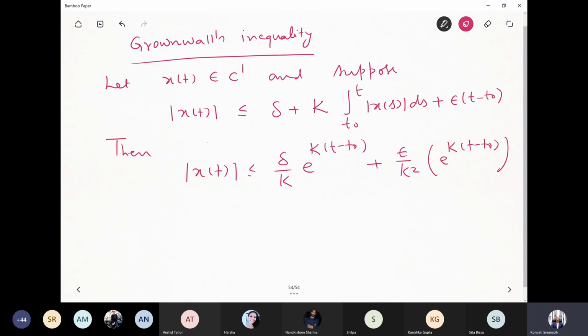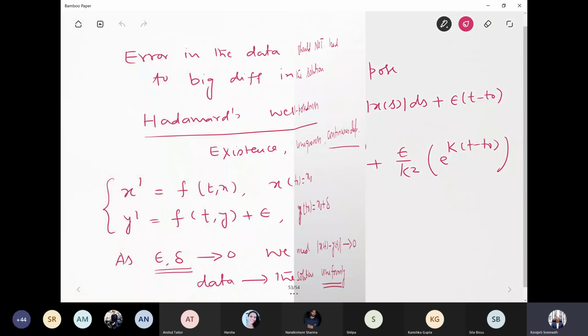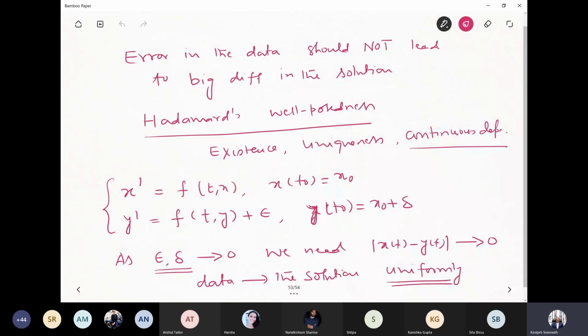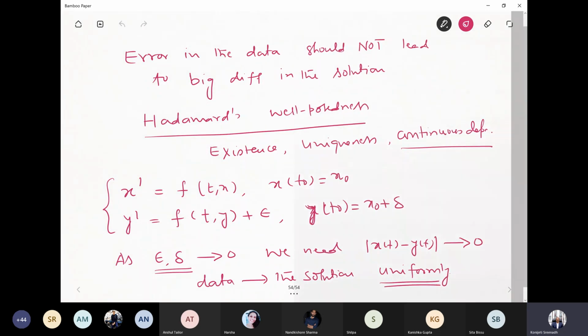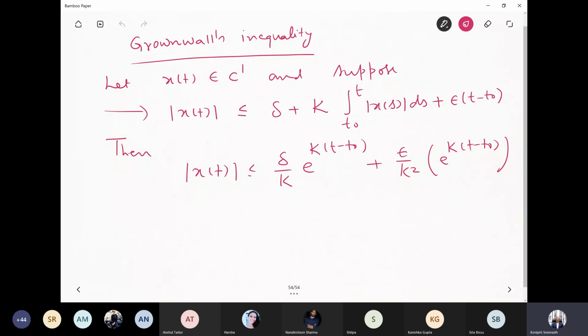So basically this shows us that if you have the first inequality, then the second inequality follows. Now you can go back, assume that this is true, and look at these two equations. This is the proof.